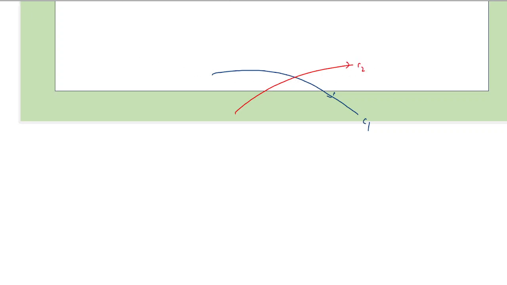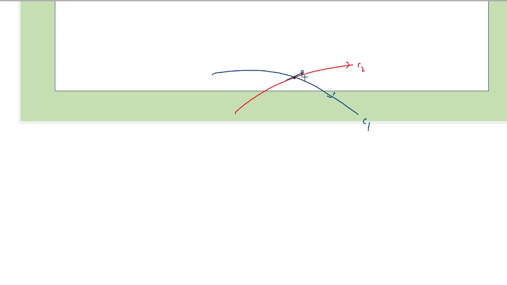At the point of intersection, we will get two tangents, a tangent to curve 1 and to curve 2. If we draw a tangent at this point, it will be like this. Think of a tangent, something of this kind.